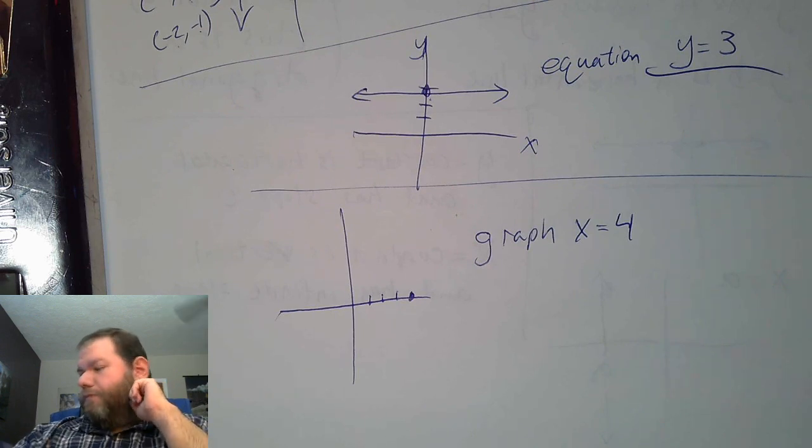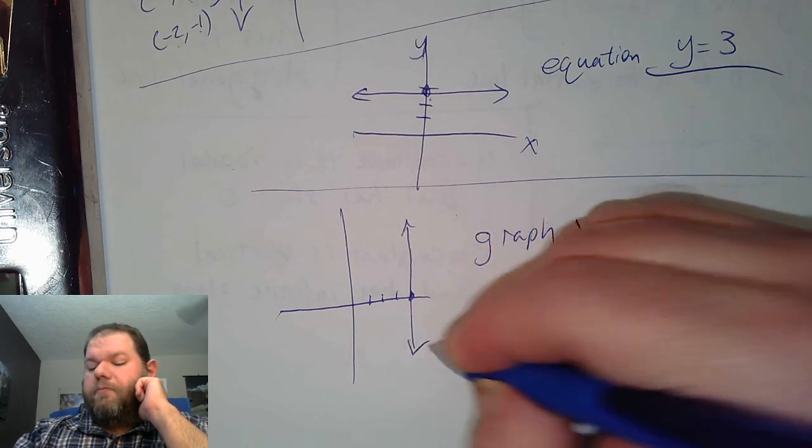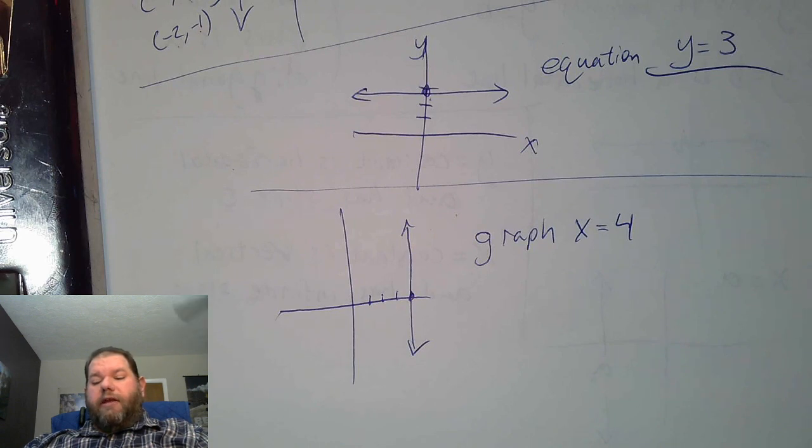Vertical. Okay. When we are asked to graph a specific function that has just one variable, we know it's vertical or horizontal. We do have to remember which one it is. So x is vertical, y is horizontal.